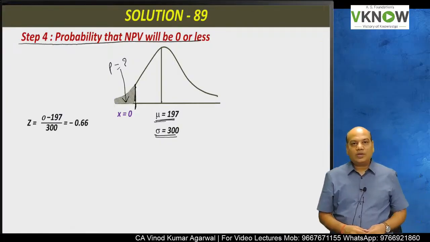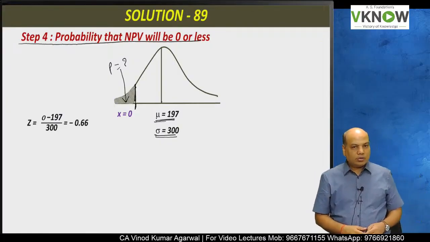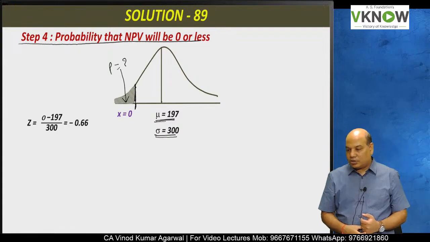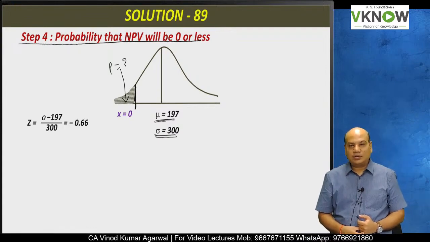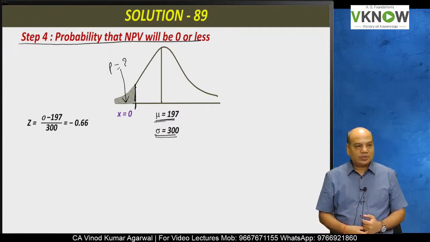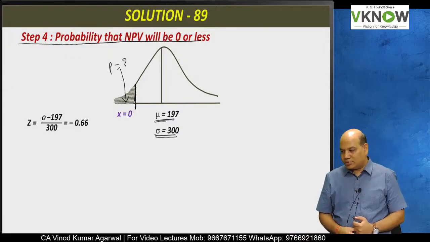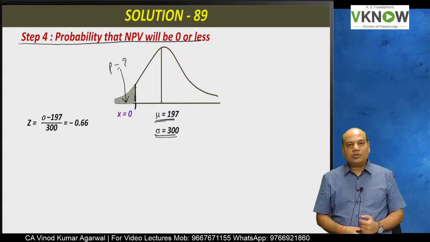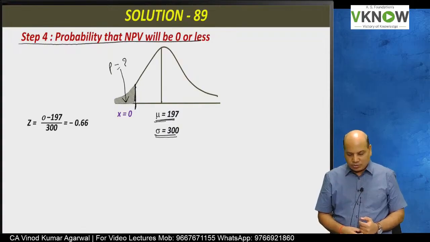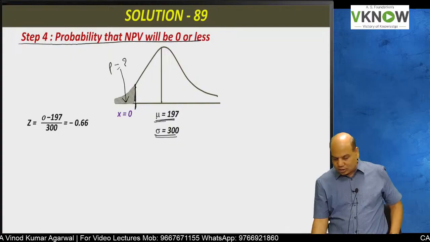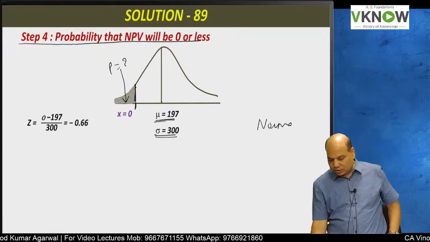First I need to find the Z value. Z is equal to 0 minus 197 divided by 300, equal to minus 0.66. Come to the normal distribution table.